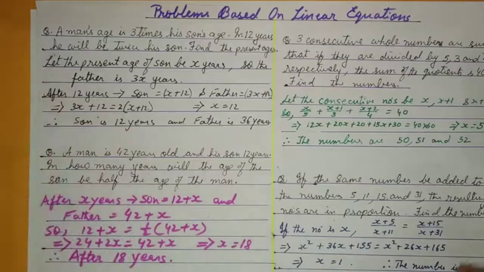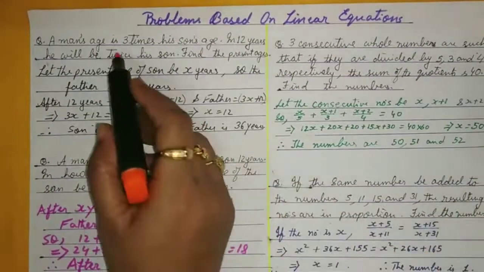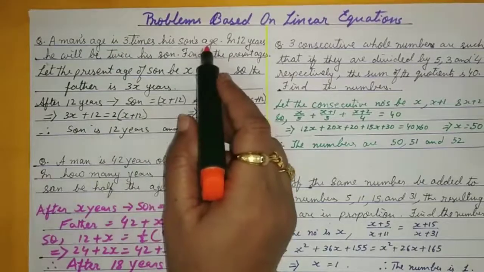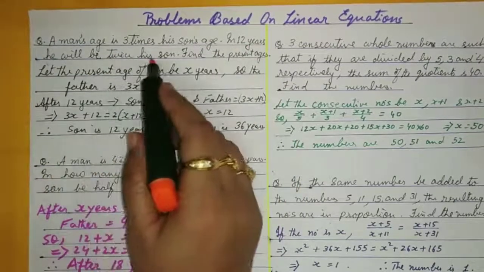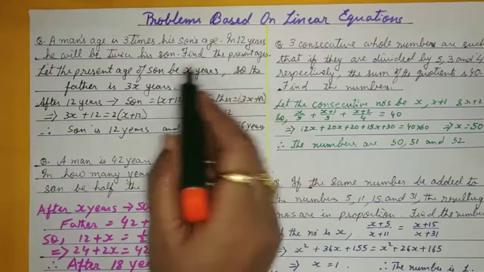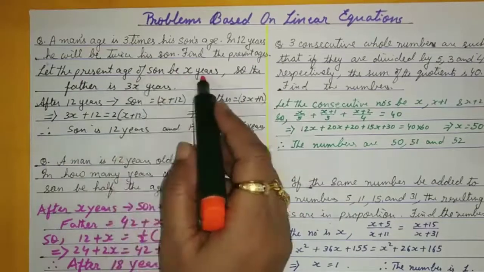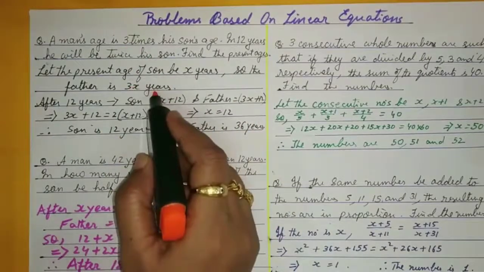The next type. Okay, so a man's age is 3 times his son's age. In 12 years, he will be twice his son's age. Find the present ages. So let the present age of the son be x. So the father is definitely 3 times, so 3x.